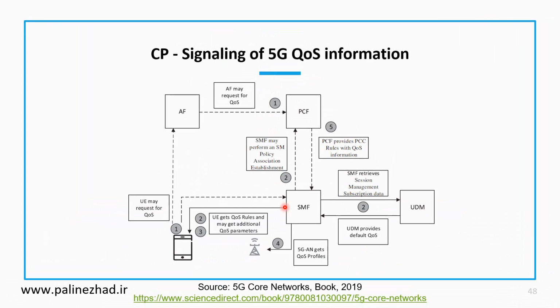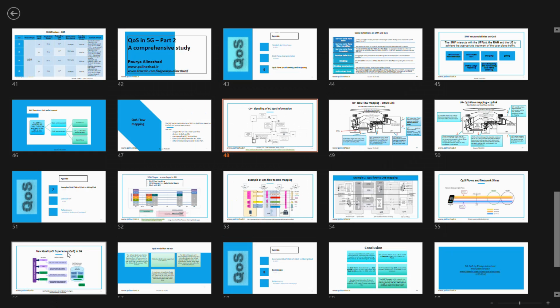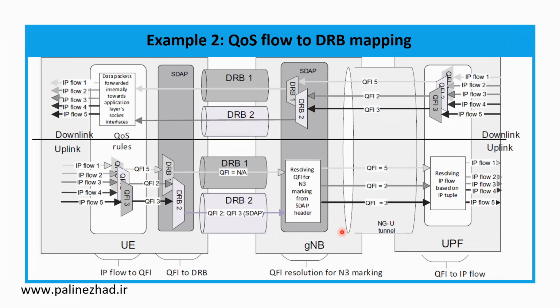If I show you here, in step 4 from the SMF the 5G access node gets QoS profiles. So in this example, the gNodeB knows how to map these QFIs to data radio bearers. And here QFI1 is mapped to DRB1, and QFI2 and 3 are mapped to DRB2, data radio bearer 2.